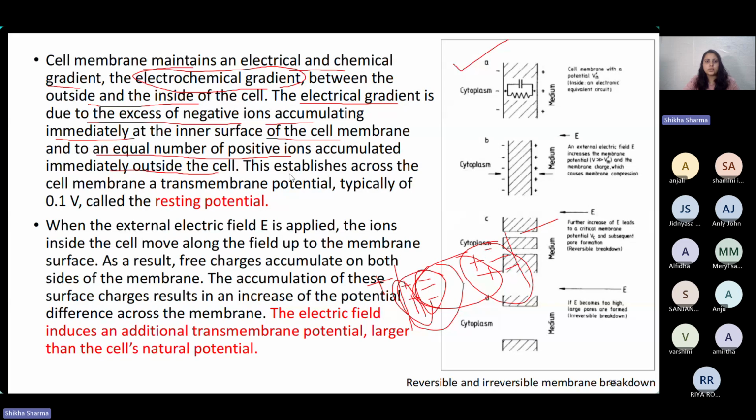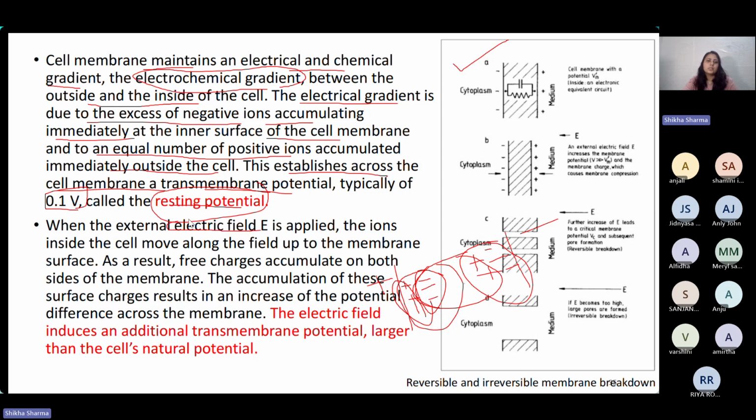So this will be established across the cell membrane, and some transmembrane potential will develop. It is around 0.1 volt. This transmembrane potential we call the resting potential.